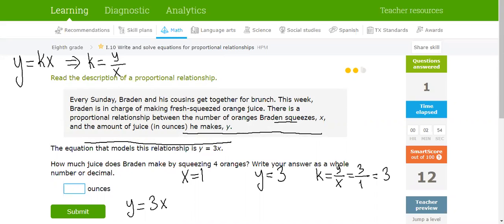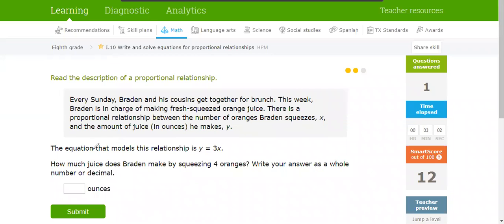Okay, now let's look at this example. It's the same example, but we are going to have another question. So let me clear this first. The equation that models this relationship is y equals 3x. Once again, x is the number of oranges Braden squeezes, and y is the amount of juice he makes.